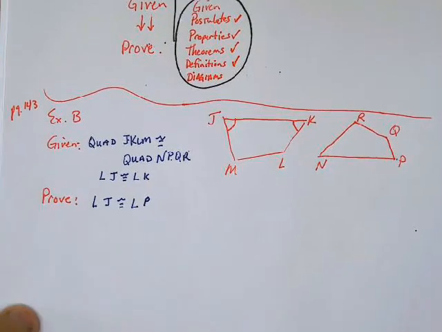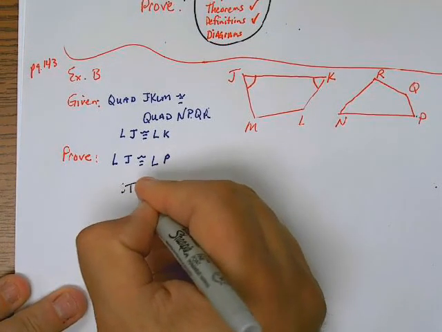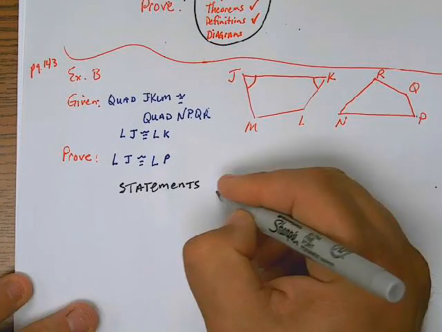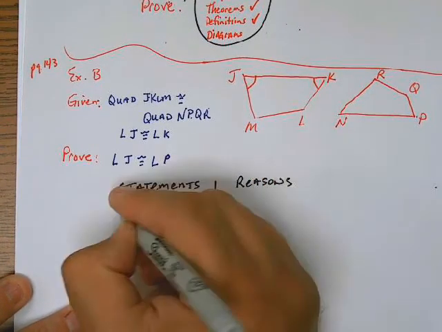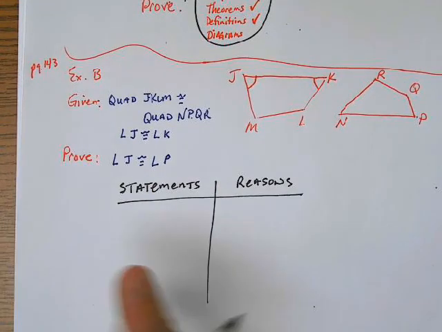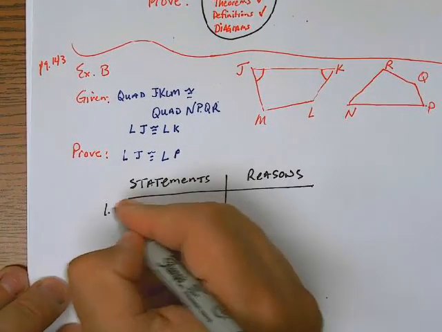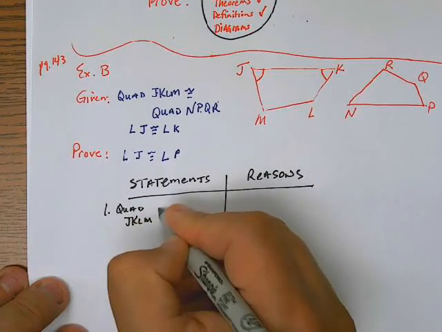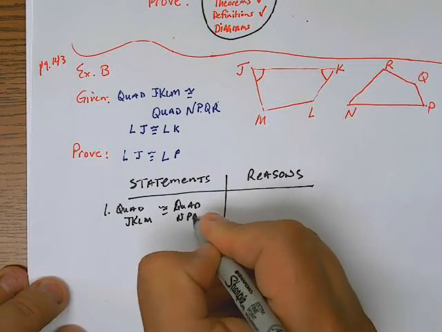Okay, well, let's see. Let's set up our diagram. Our structure. We have statements and we have reasons. All right, statement number 1 is the given. Quad JKLM is congruent to quad NPQR.